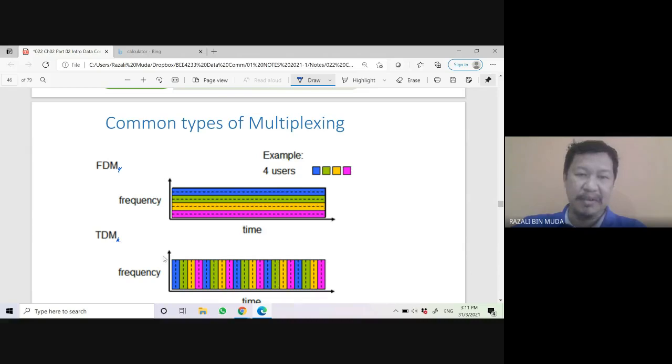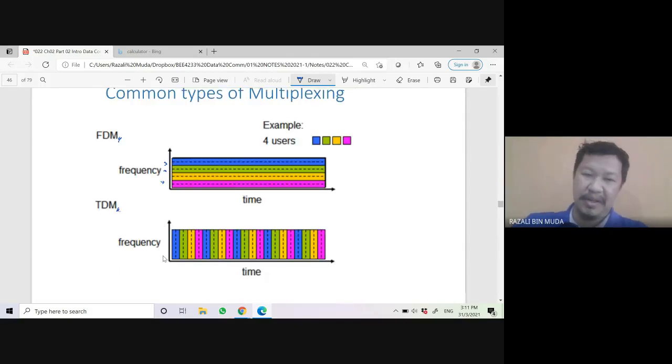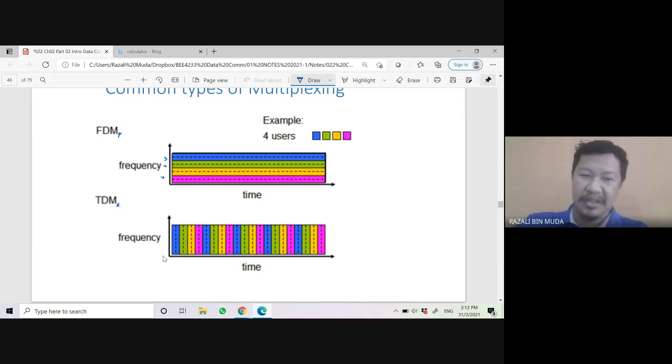So what are the differences? This is based on frequency. This is time. You can see this chart. The vertical axis is frequency and the horizontal axis is time.